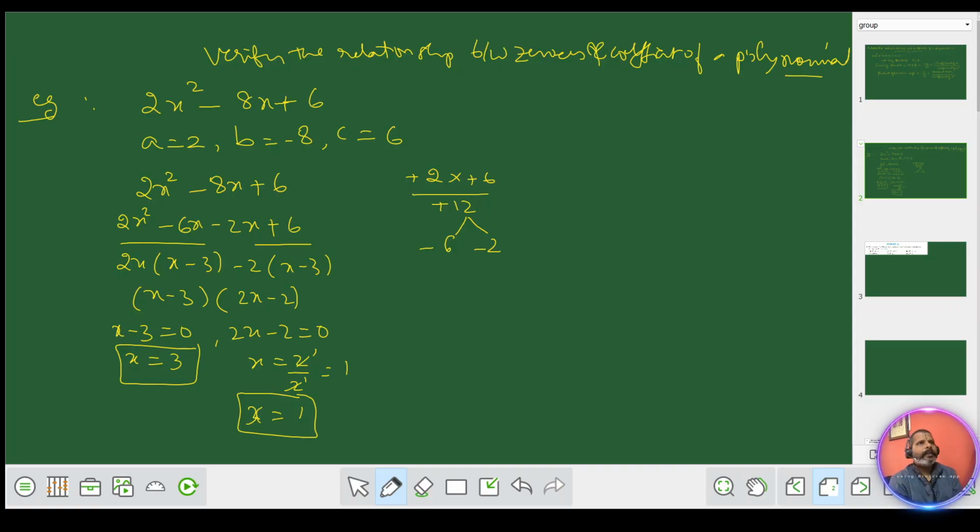Okay. This is a prerequisite to be done before we verify the relationship between the zeros and the coefficients. Clear? Once you find the zeros, now the task is to find the sum of zeros. Let's do it downwards only.